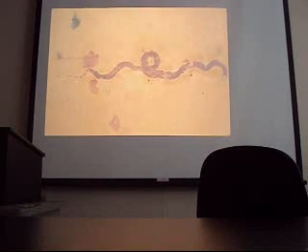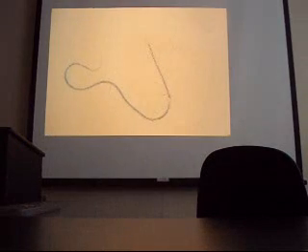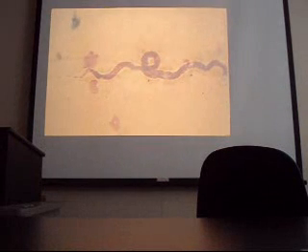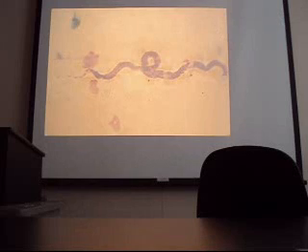Okay, I don't really like this one. And we don't have a real good picture for Onchocercus. It is not sheath, and this is Onchocercus. It's in skin nodules and also the eye. It can cause blindness, and people call it river blindness.